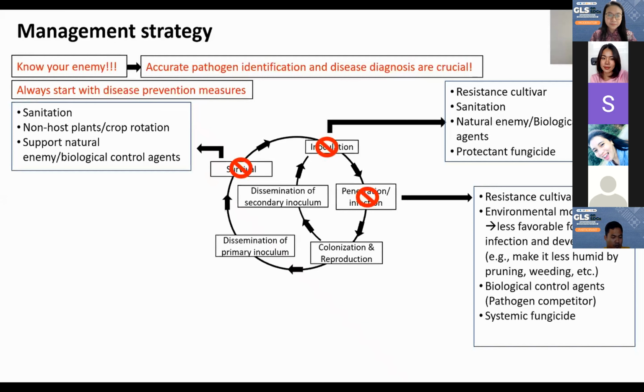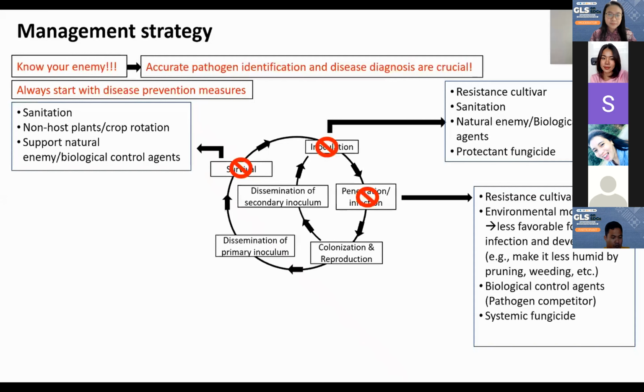Okay, and biological control agents can function as competitors for the pathogens, or even using some species just like the pathogens, but non-pathogenic. That way they can compete with the pathogenic one and suppress it.